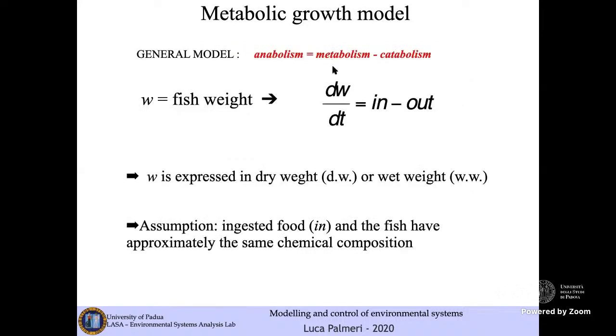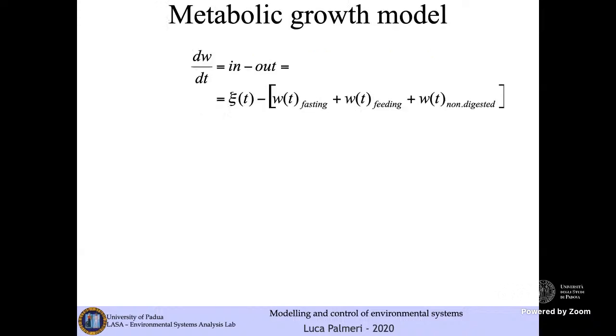Remember, because this is one of the questions I may pose on the metabolic growth model: what are the assumptions for building the metabolic growth model? The first assumption is we are what we eat, so that we can write this equation and be sure that we can subtract from the food intake what goes out, and this is comparable to the biomass produced by anabolic processes.